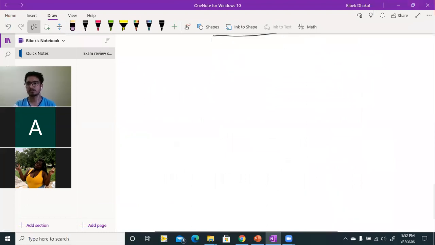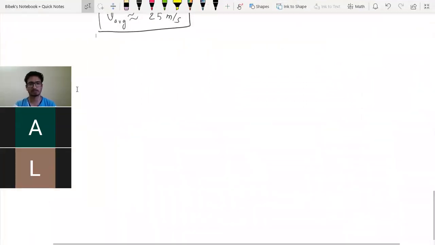The first part of the problem asks which component of the velocity is the first graph and which component of the velocity is the second graph.